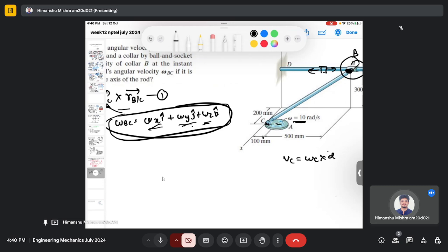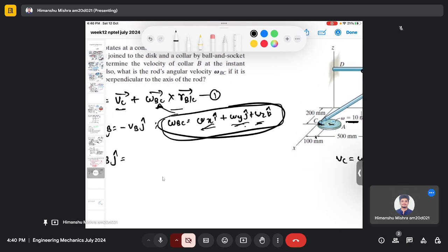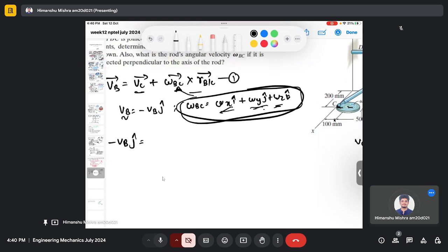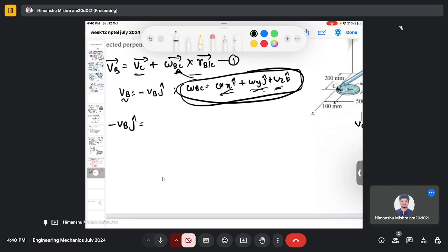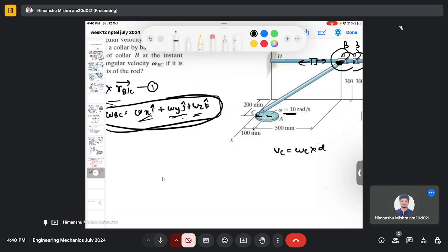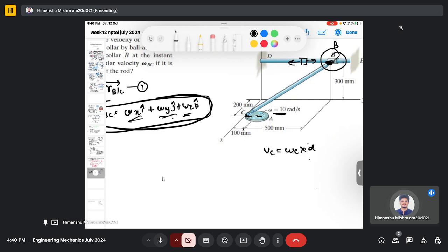The d can be given in the y-axis here, and this omega is along the z-axis. So it is like k cross j, which will give the i direction, right?